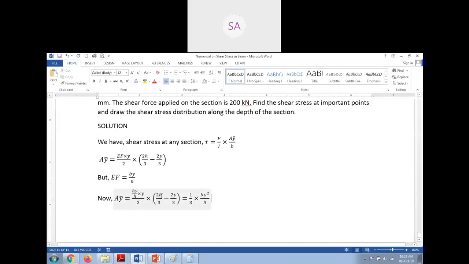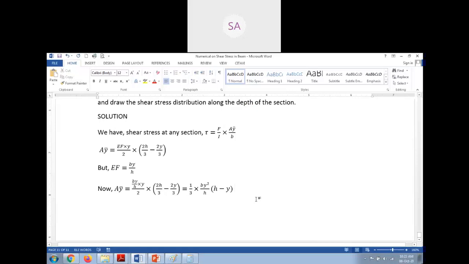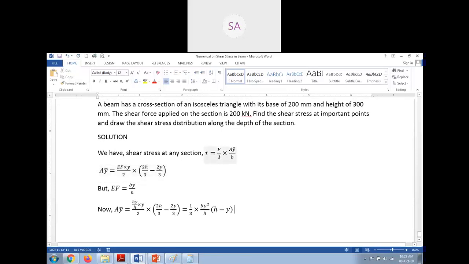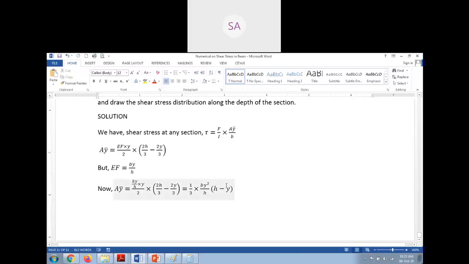Now what remains is h minus y, into h minus y. Okay, now let us keep this as it is. What else do we need? I need I and B. See, B is already found, which is By by H, right, which is EF. So I need to find I.